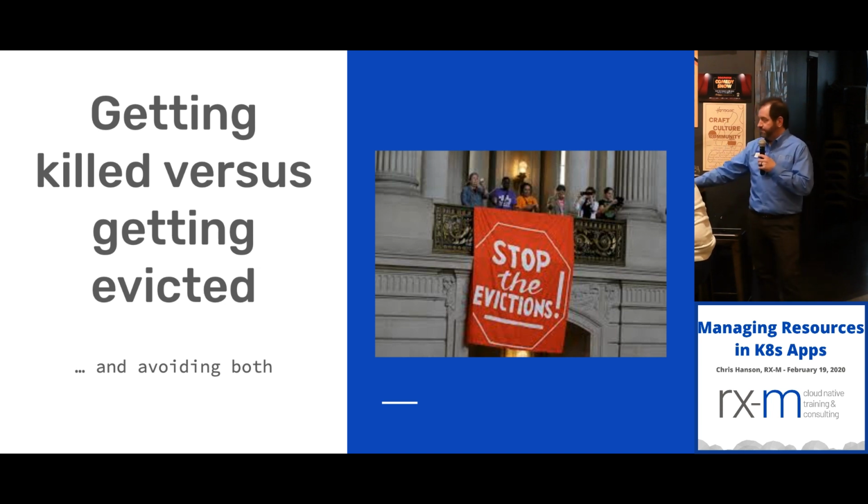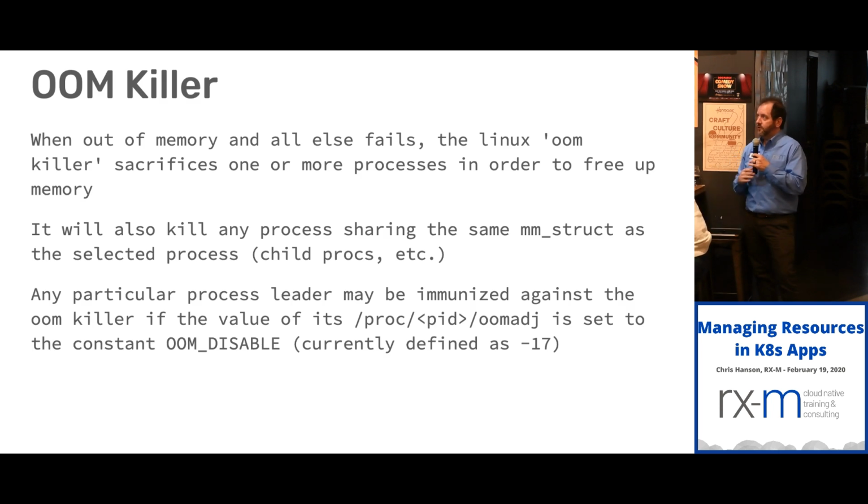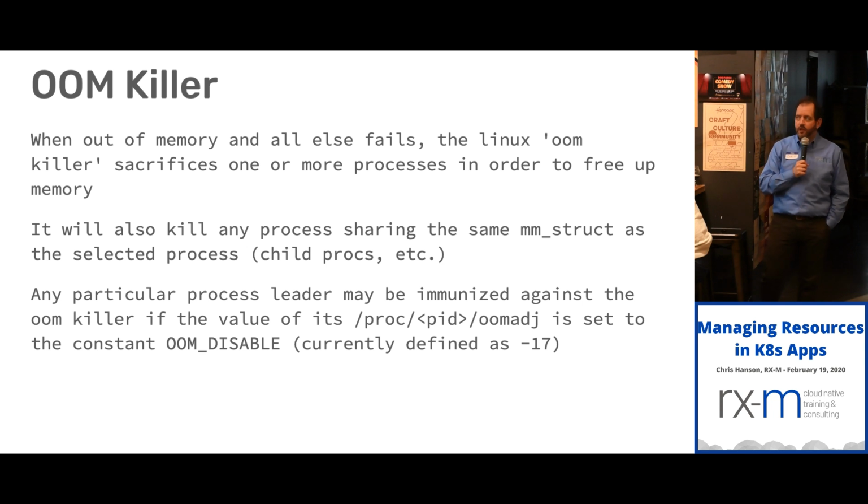So two different things here that we're talking about. So the OOM killer, right? When we run out of memory on our nodes, right? When all else fails, we want to kill a process, and we want to kill a process that is going to prevent this condition from happening again.